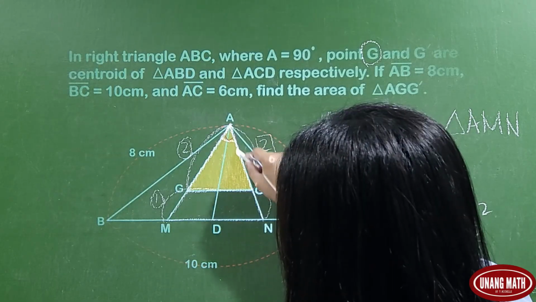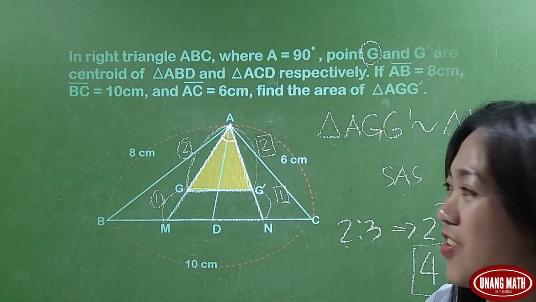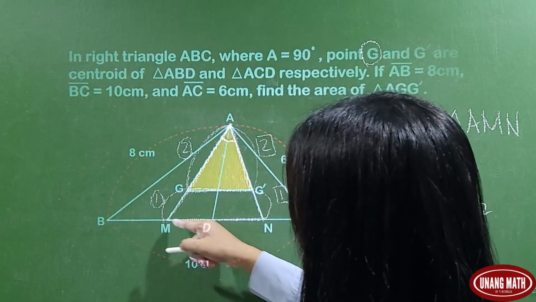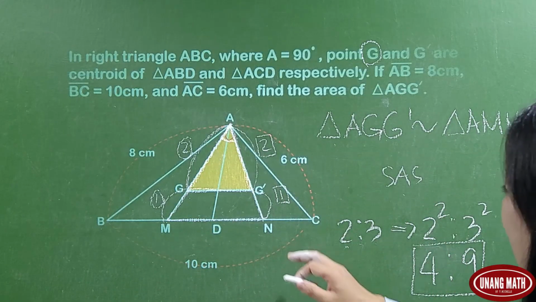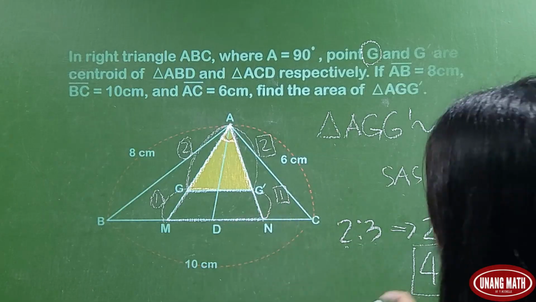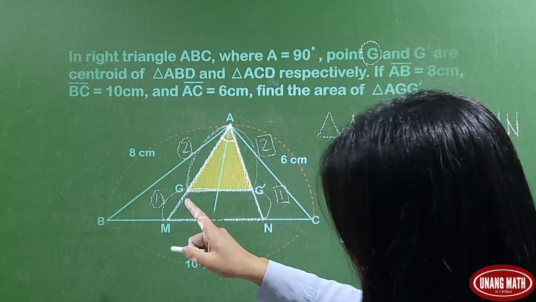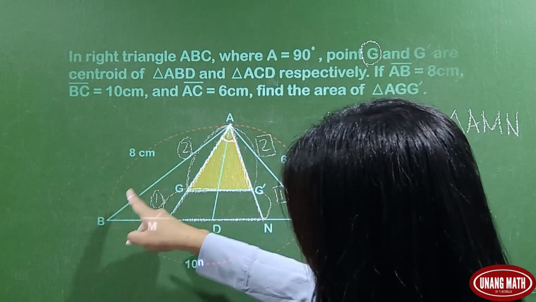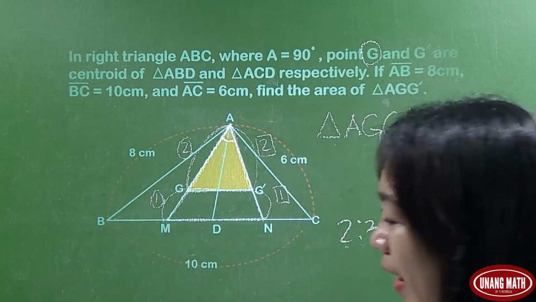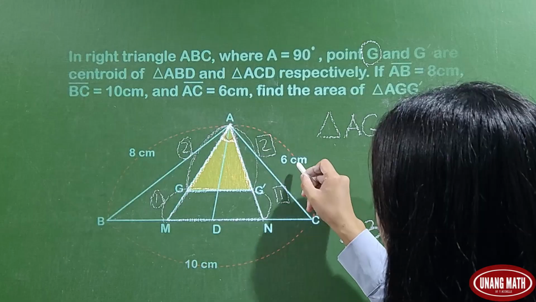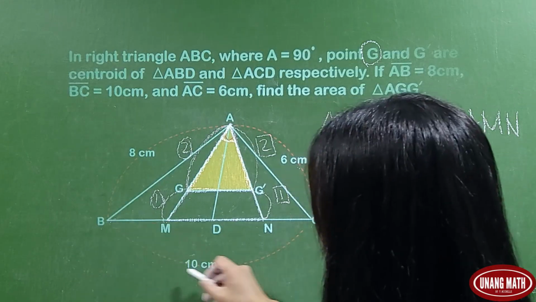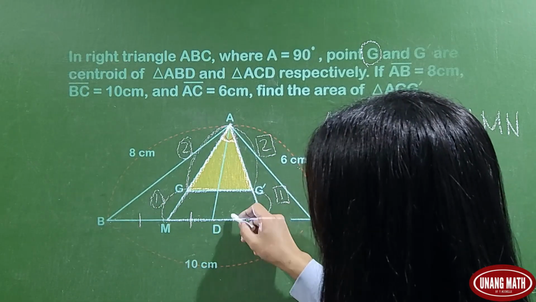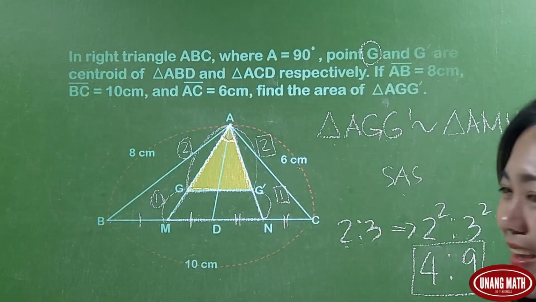Now, we actually don't know the area of triangle AGG prime. We also don't know the area of triangle AMN. So, in here, they gave a clue. According to this, segment AB is 8 centimeters, AC is 6 centimeters, and BC is 10 centimeters. Take note, BM is equal to MD, and DN is equal to NC.